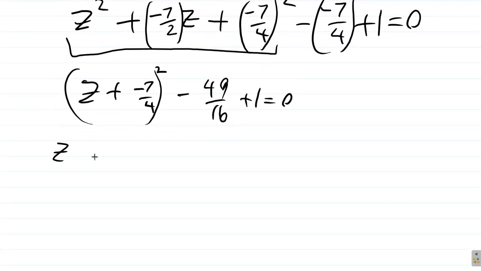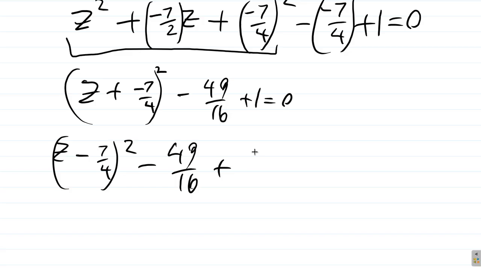So you have z minus 7 over 4 all squared minus, you have to do some fractions here now, 49 over 16 plus 1 over 1. If you multiply top and bottom by 16, then you have 16 over 16 equals 0.